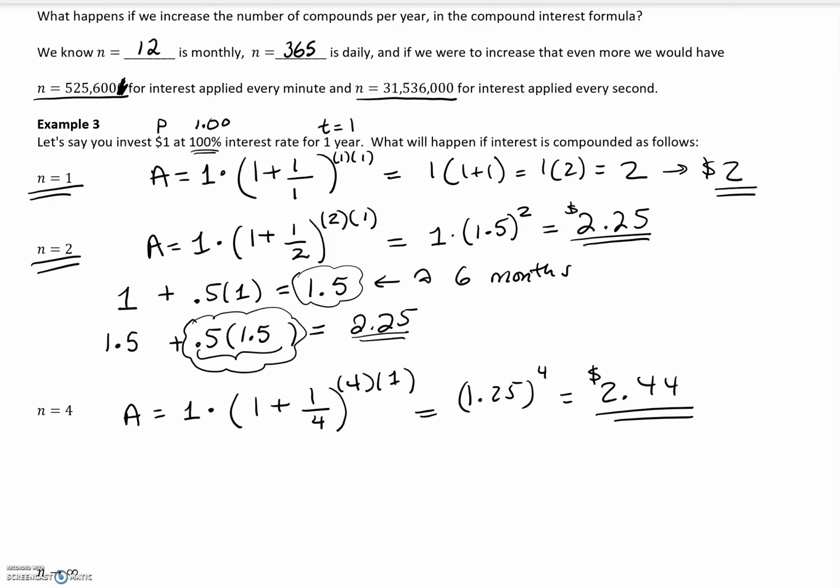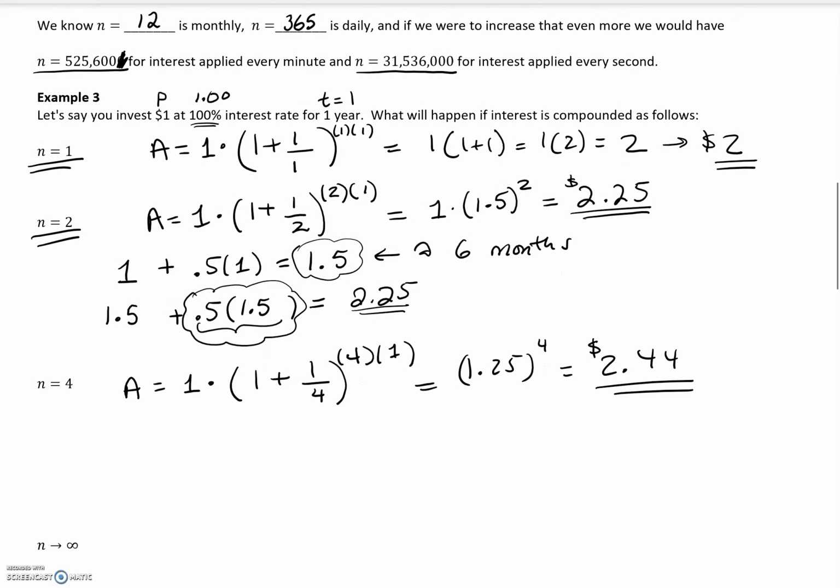Now, is your money going to become infinite if n gets really large? Well, it doesn't look like it, because P is still $1. If I have 1 plus 1 over n, the number of compounds per year, I'm going to leave it as is, raised to the n times t, where t is 1 year.